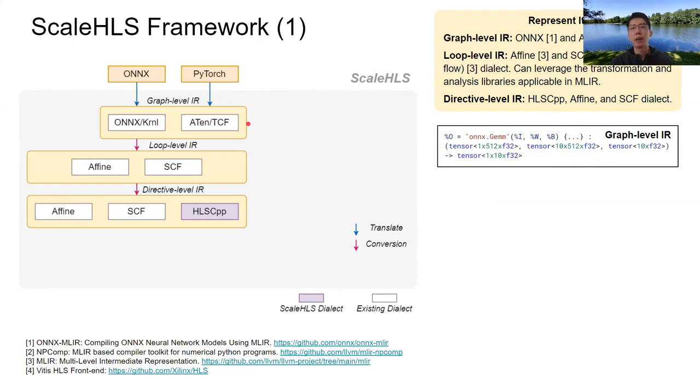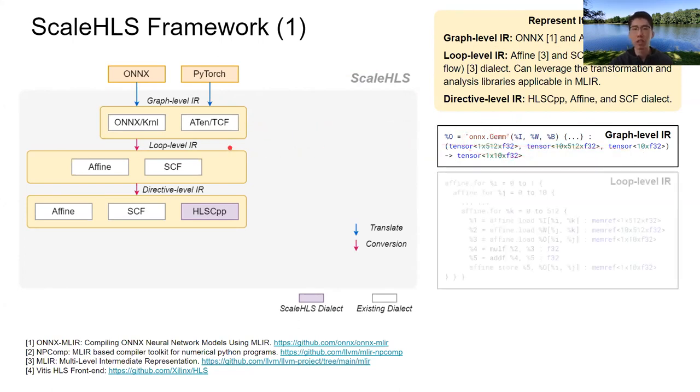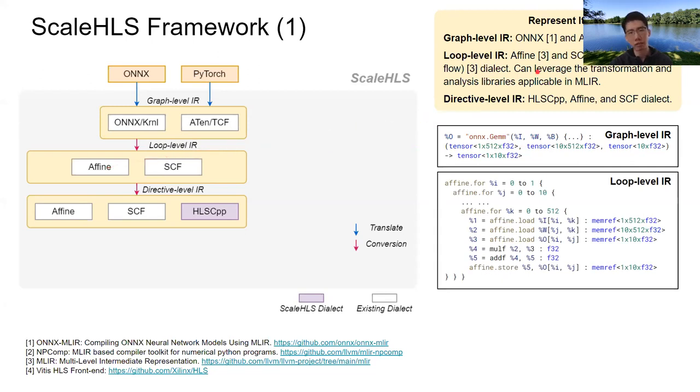And then this kind of graph level IR can be lowered to the loop level IR. And here in ScaleHLS, we use the affine and SCF dialects to represent the loop level IR. Basically, the affine dialect is trying to represent the loop structure explicitly in the IR. Like here, we have a very structured IR using affine.for to represent the for loops. And you can observe that the structure is very similar to what you would write in C code.